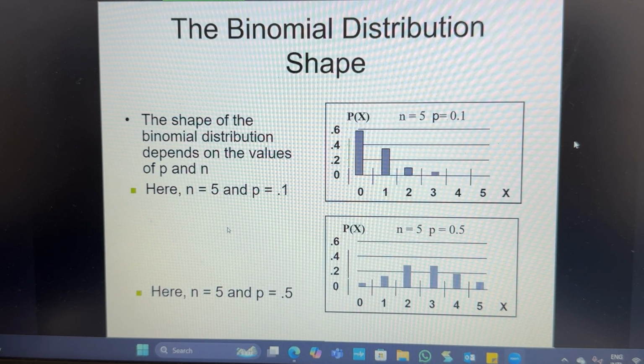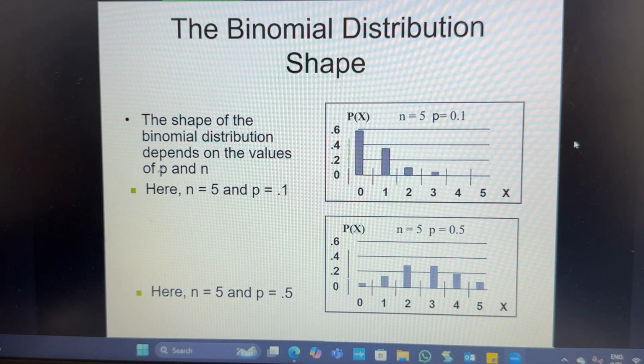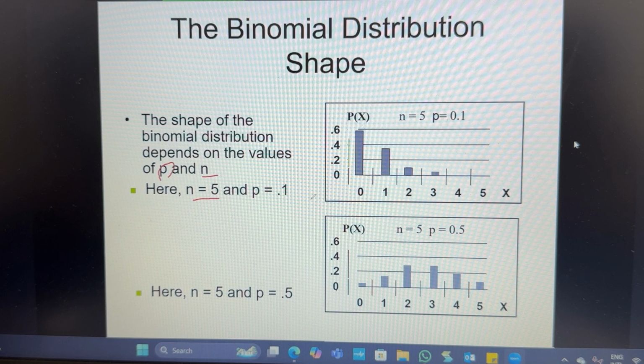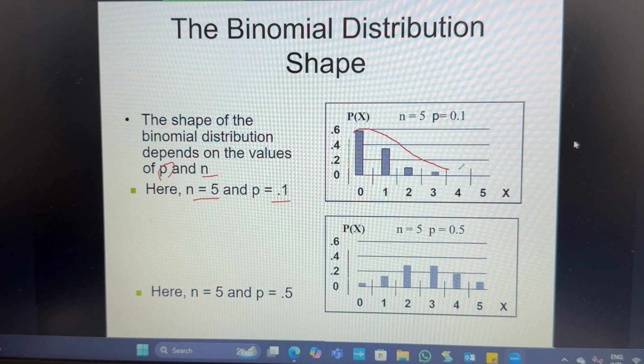The shape of the binomial distribution depends on the values of p and n. In this case, n is 5 and p is 0.1, so when you find the probabilities, your shape will go like this.